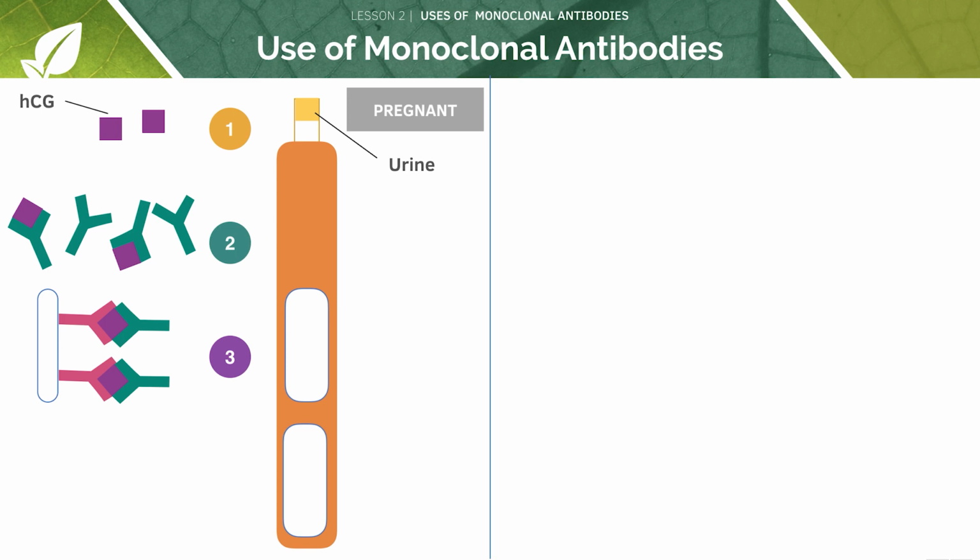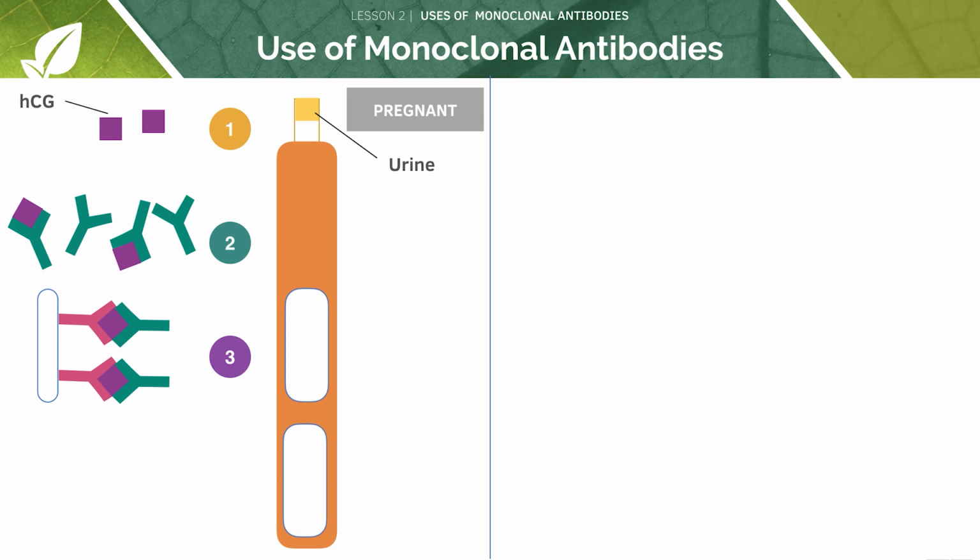Now at the test site, which is this bit over here, the HCG that is bound to the free monoclonal antibody, and remember this free monoclonal antibody has the dye enzyme attached to it, this whole complex is going to enter the test site.